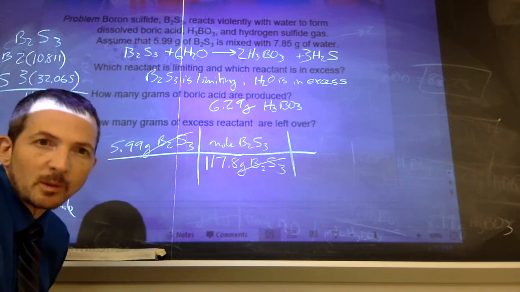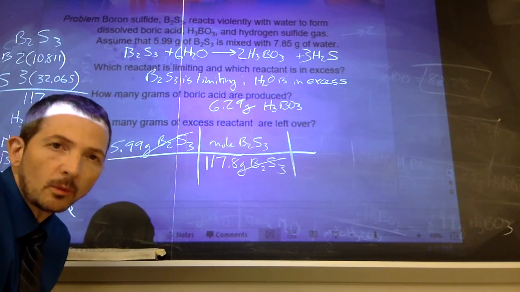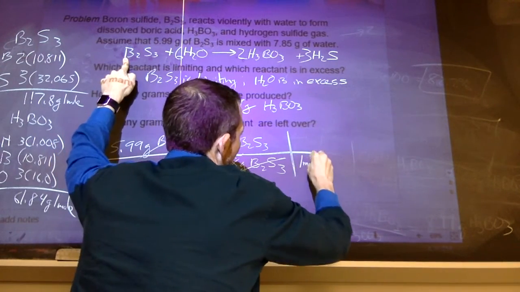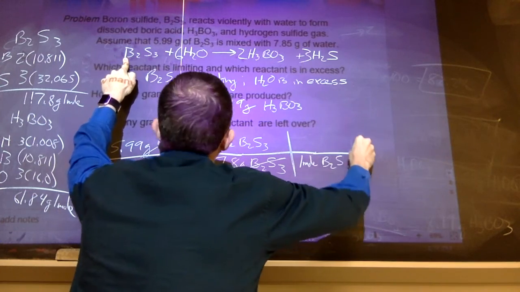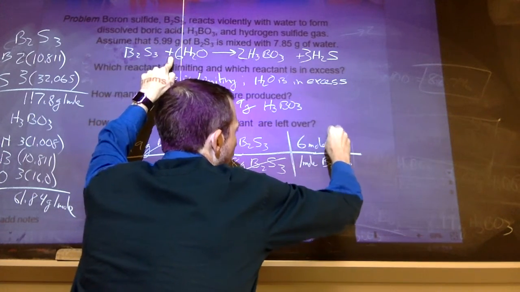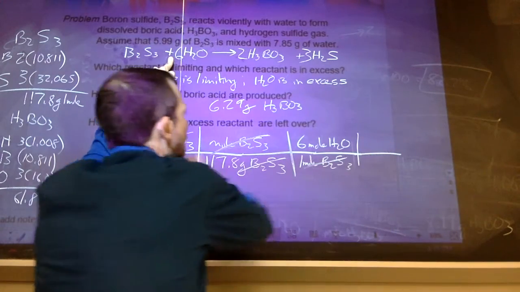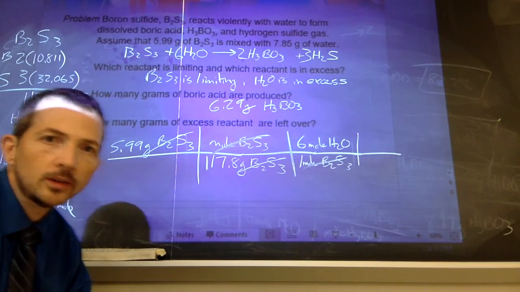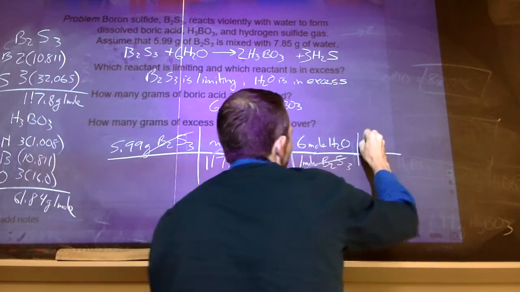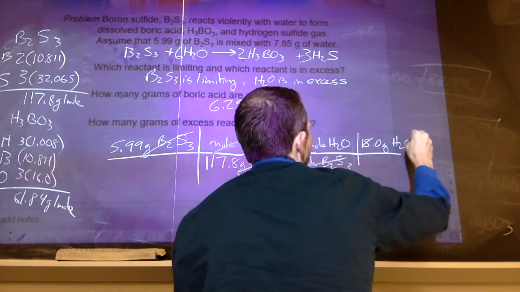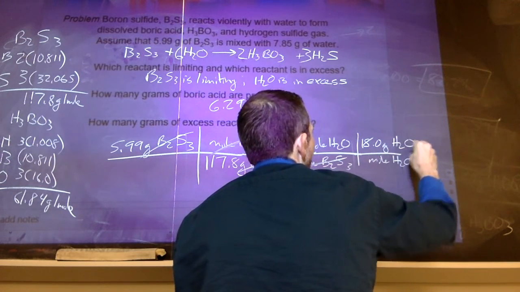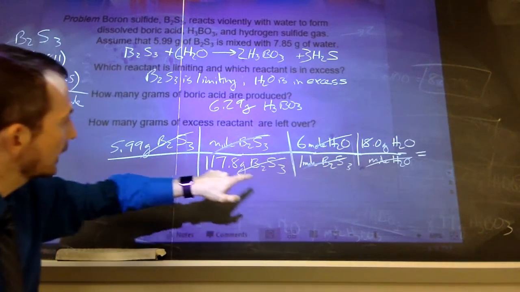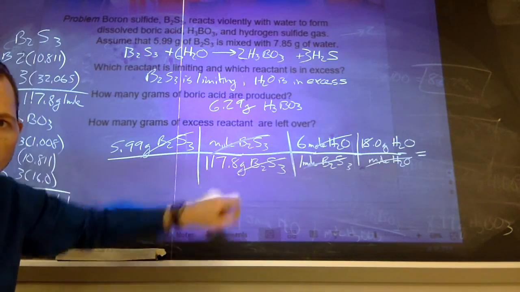Now this time I want to know how many moles of water. I'm not looking at how many moles of product. I want to know how much water reacts with that. So 1 mole of B2S3 reacts with 6 moles of H2O. And I use my molar mass of water to convert to grams. So I put moles on bottom here to get moles on top here to cancel. Here I had moles on top, so my grams would cancel.